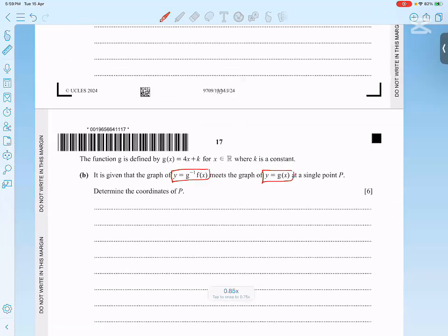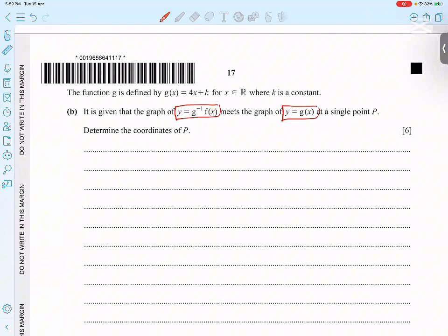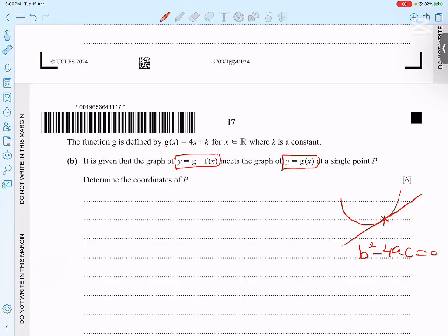So this comes in the sense of a curve and a tangent, because of a common single point. So we will apply b squared minus 4ac equals 0 as the first condition. But first of all, the question comes: do we have this curve equation? No, we have to find it. How to find it? The f function goes into g inverse. Do we have g inverse? No, first find g inverse.